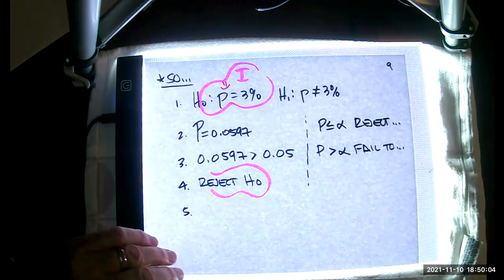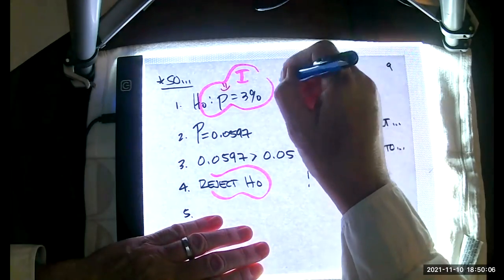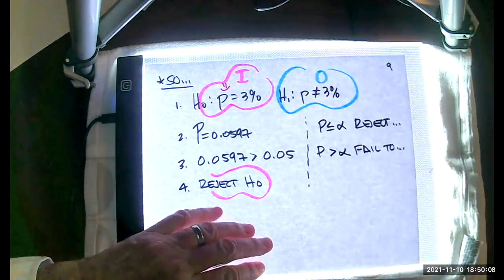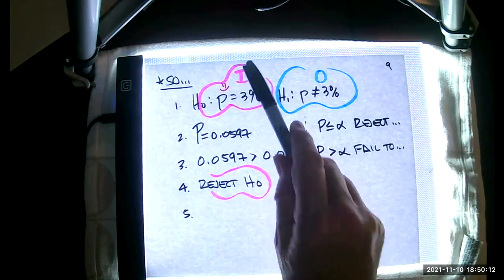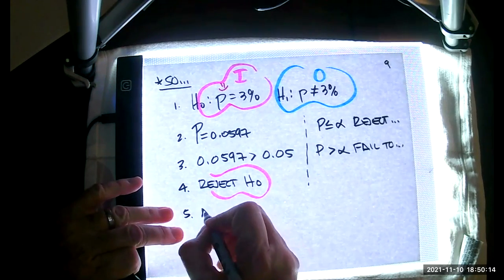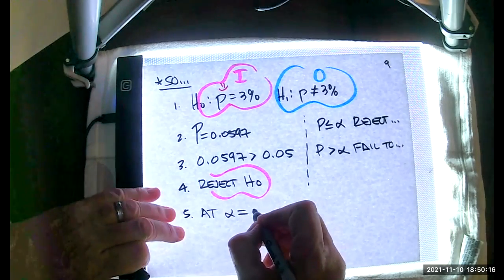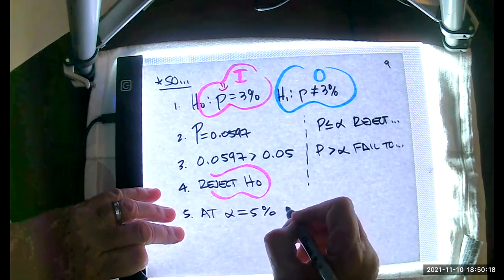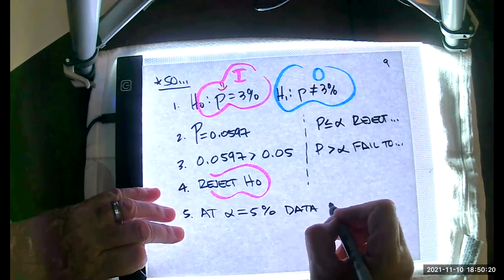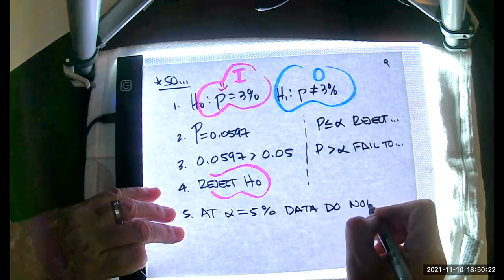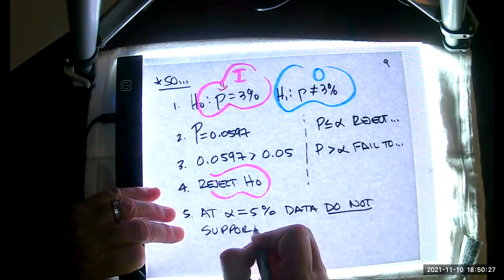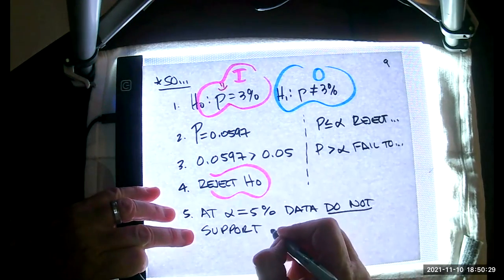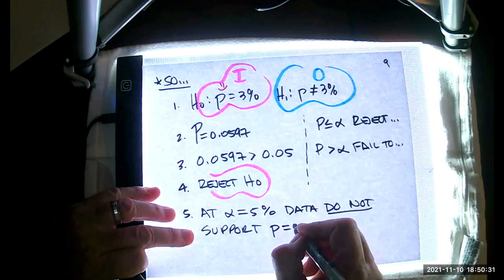So the actual outcome was the alternative hypothesis. So the data did not support that initial claim. So at alpha equals 5%, data do not support, and then I just state that initial claim, P equals 3%.